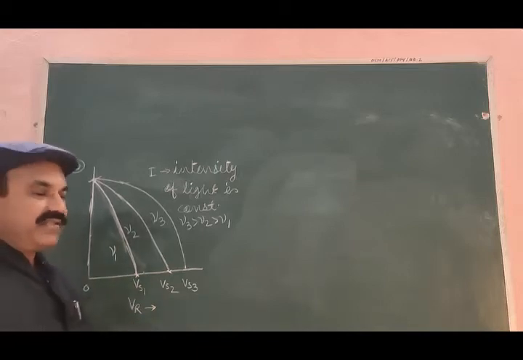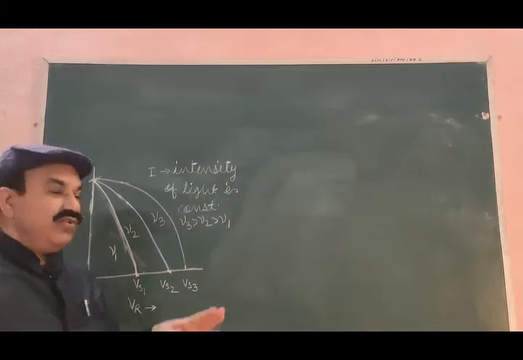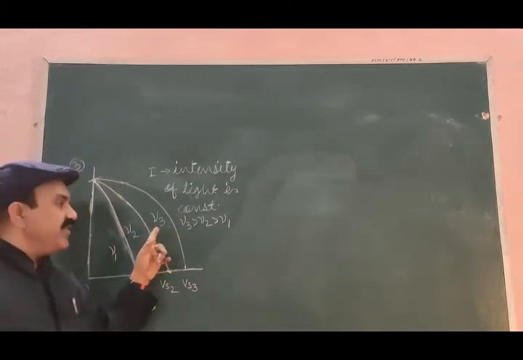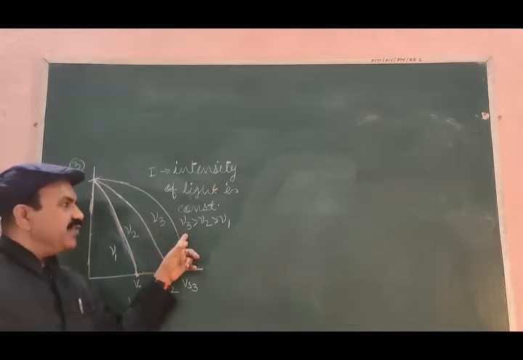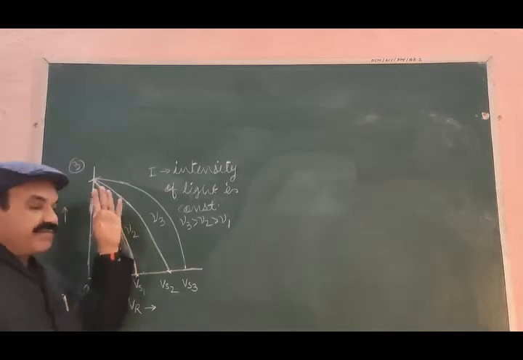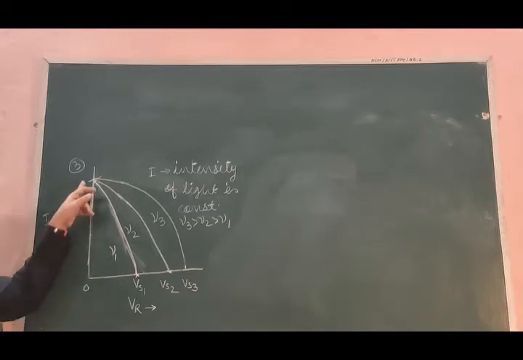In the third set, the intensity of light is held constant, again equal to the earlier two values. The frequency is increased. Now it is made nu 3. This nu 3 is more than nu 2 as well as more than nu 1. The experiment started with retarding potential equal to 0. When retarding potential is 0, the current is at the same value as was obtained for frequencies nu 1 and nu 2.